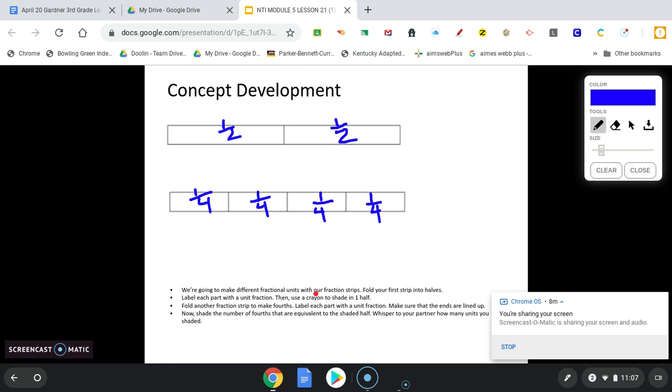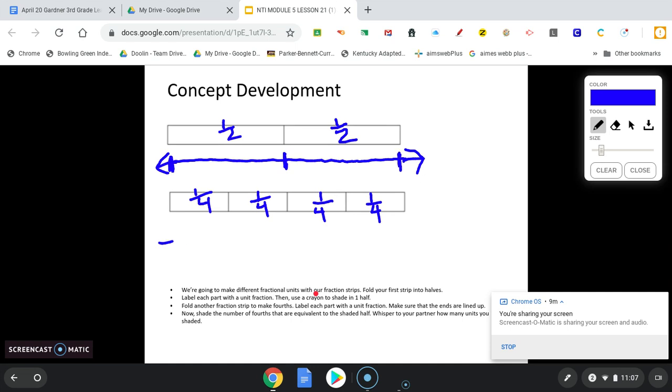But now we're going to do something a little bit different with these. We're going to make number lines. So I'm going to make a number line the same length as my fraction strip, but just a little bit longer. And I'm going to plot right here. That would be 0/2. This would be 1/2, and this would be 2/2.